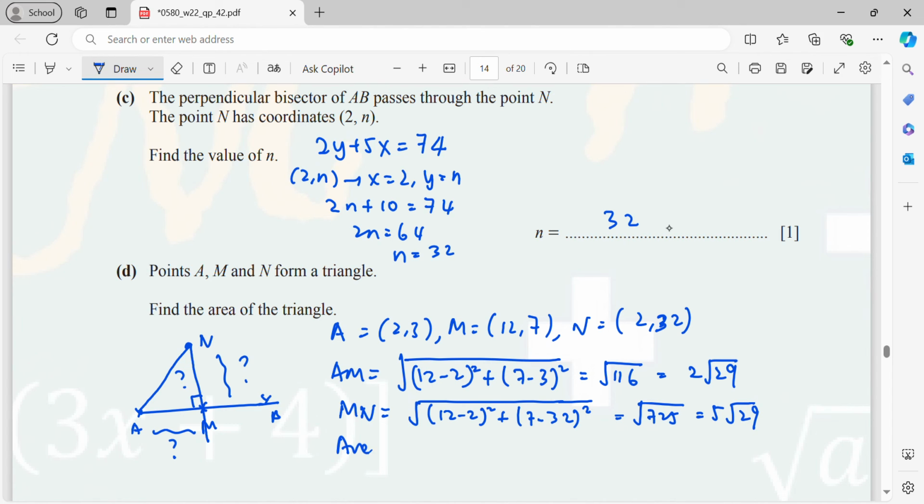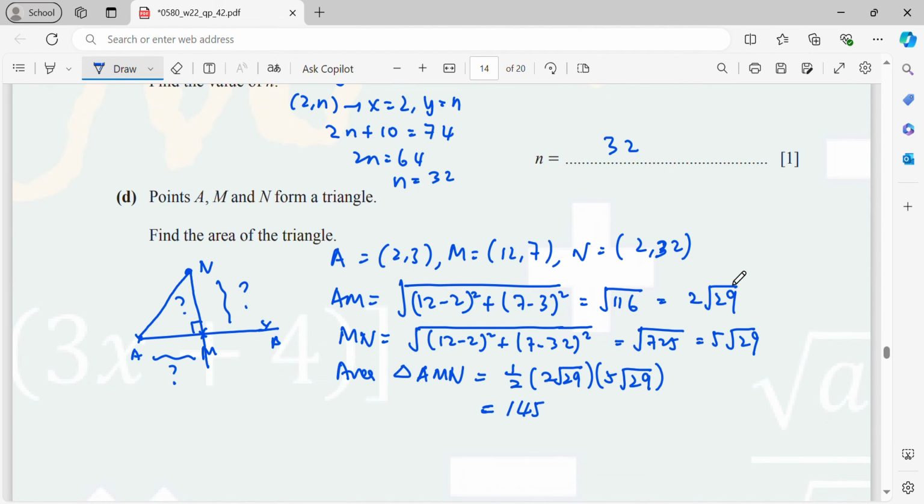So the area of triangle AMN, this is half times base times height. Okay, therefore you are getting 145. This is the area of the triangle.